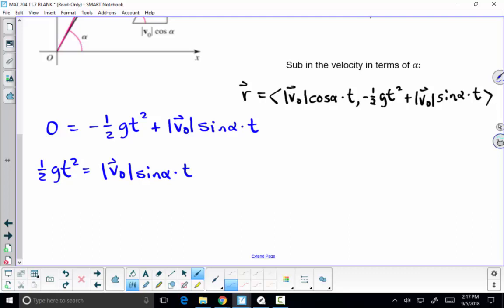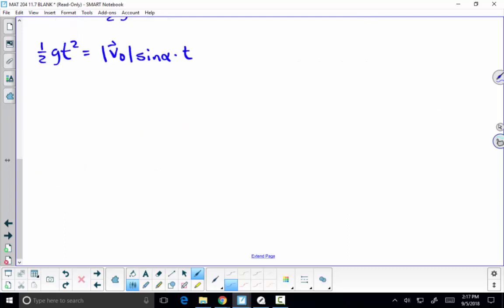And now, we typically don't do this in general practice, but here we know that t equals 0 is one of the t values that corresponds to the object being on the ground. That's the launch point. So we're just going to divide out that t. Normally we would pull everything to one side and factor, but we know what's going on at t equals 0. So we'll just assume that t is not 0 because we're looking for the end point. So we're going to divide out a t. We're going to divide by g, multiply by 2. Okay, so that is the time value for when the projectile lands.